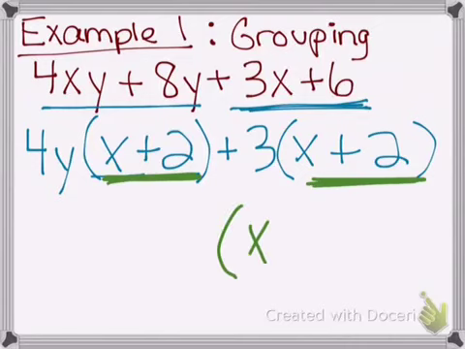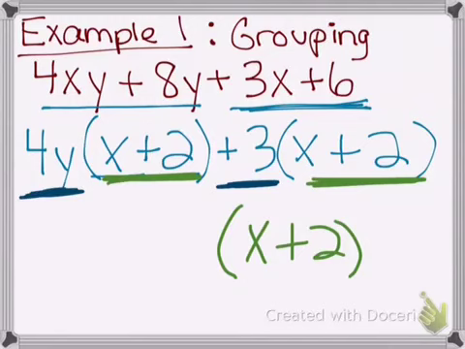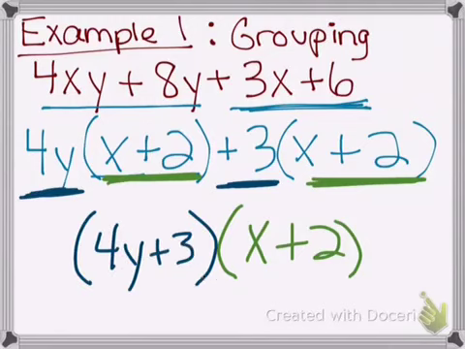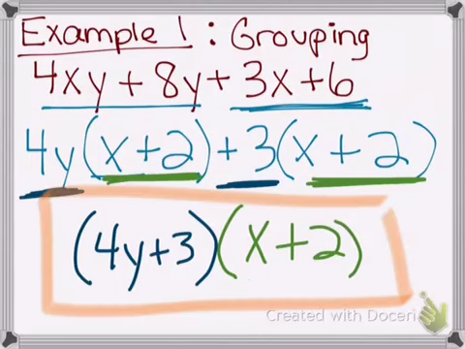So that is going to be one of the factors. And the other factor is the 2 that are left over here. The 4y plus 3 is the other factor.